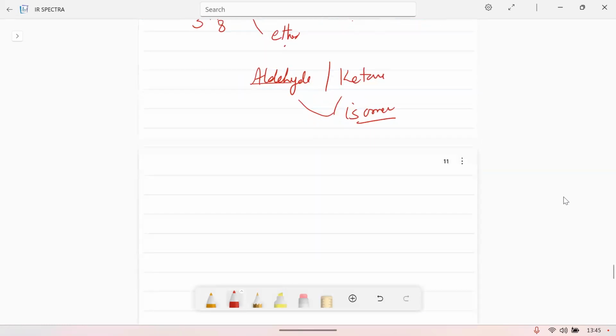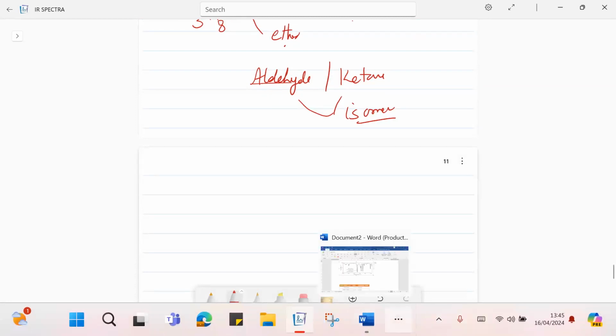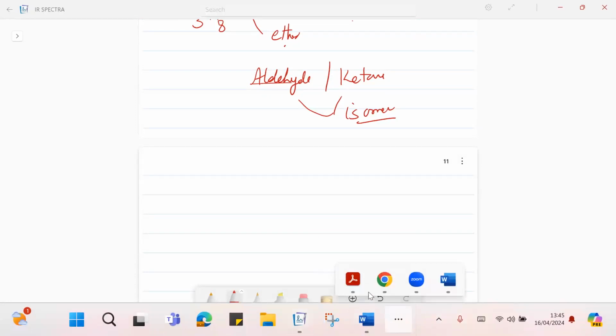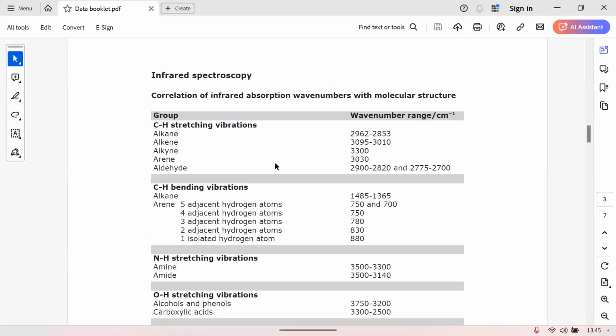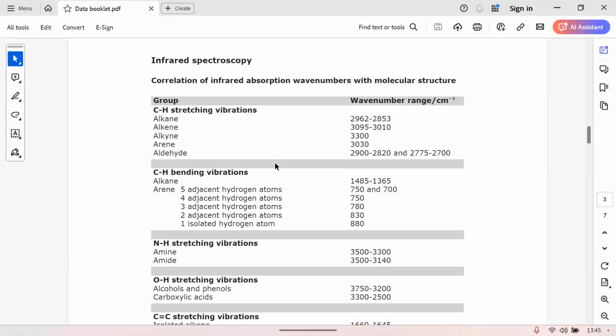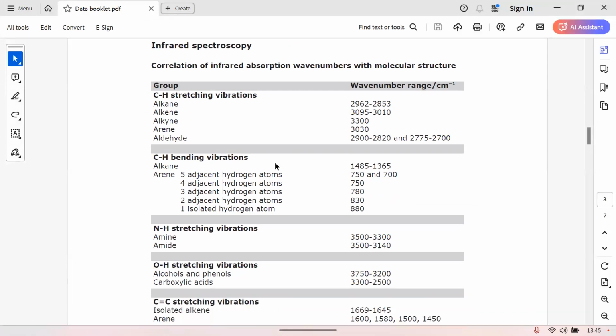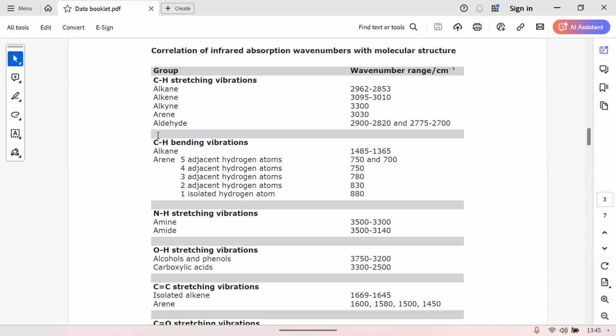Now, you will be provided with the data booklet. There are two things over here. The first thing is you will be provided with the data booklet where these values will be given to us. You don't need to memorize this. Now, there is a value over here for bending. You are not going to use this.